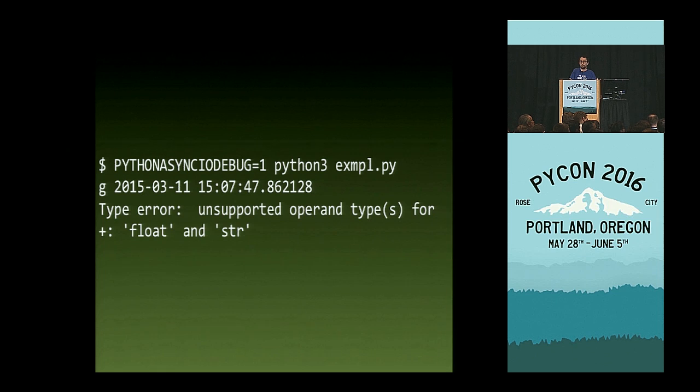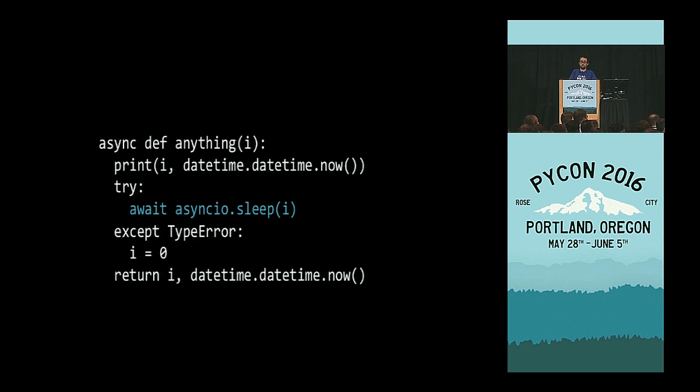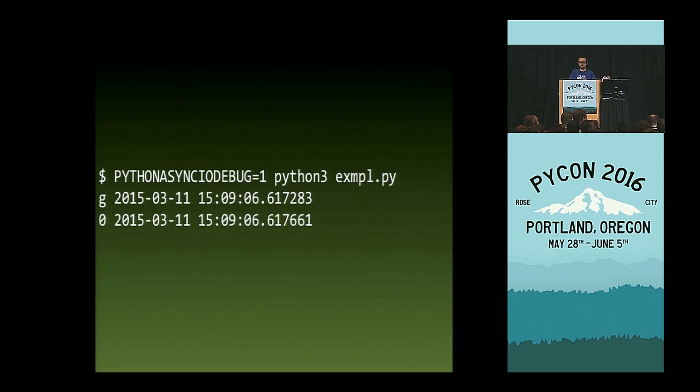It can't really tell how many seconds we want to sleep here. If we don't want this exception to bubble up to our code somewhere else, but just to handle it internally in a coroutine, you would do it exactly as you expected already, knowing Python. You just wrap it in try except, and it does the right thing. In which case, no longer any type errors, it does the correct thing.